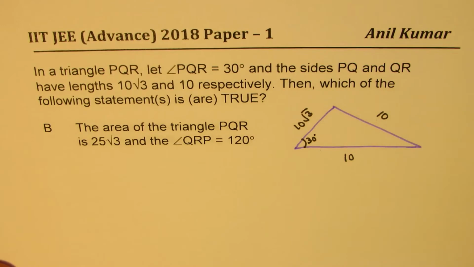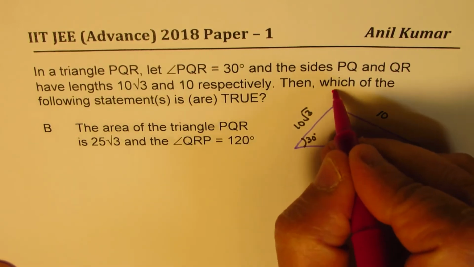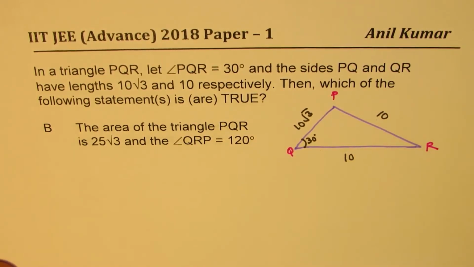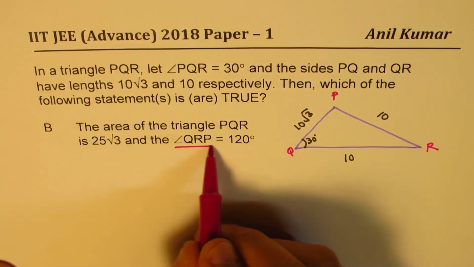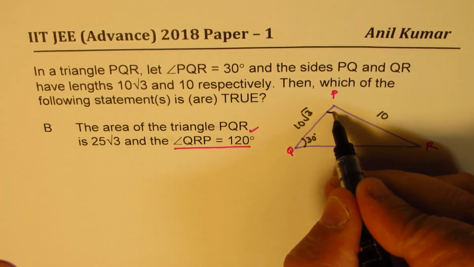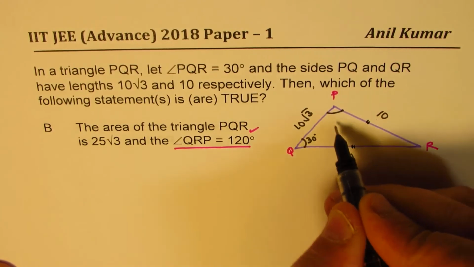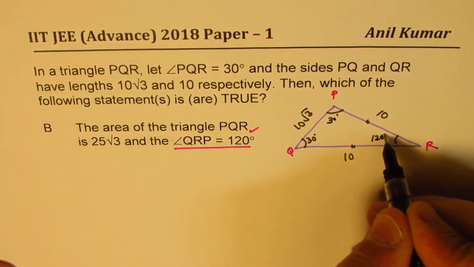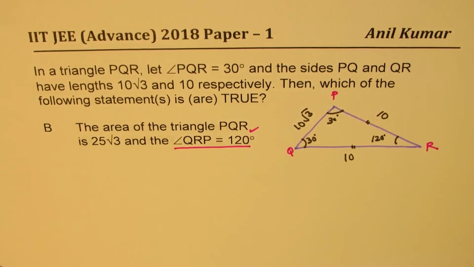Now the sides are P, Q and R. Perfect. And we found that this is correct, right? This side is 30 since it is an isosceles triangle, and that angle has to be 120. Drawing is not to the scale.